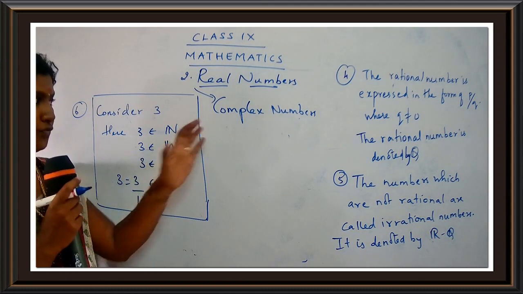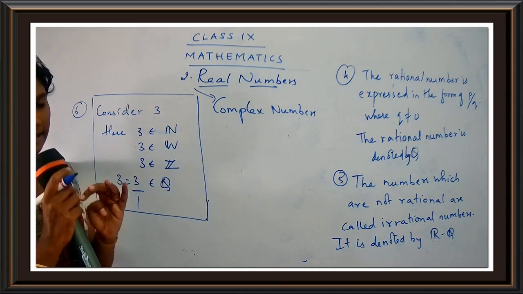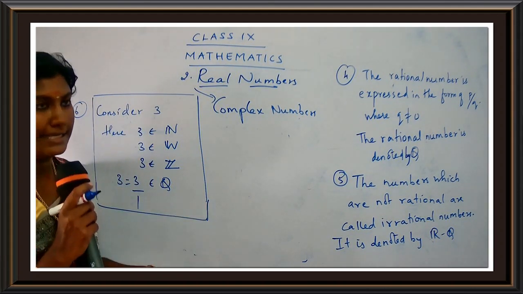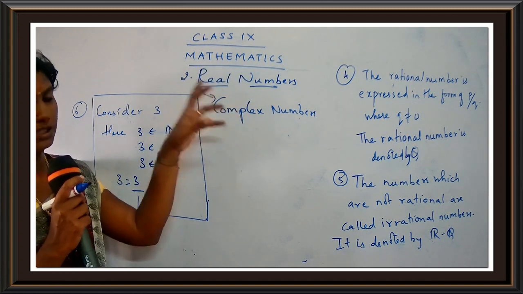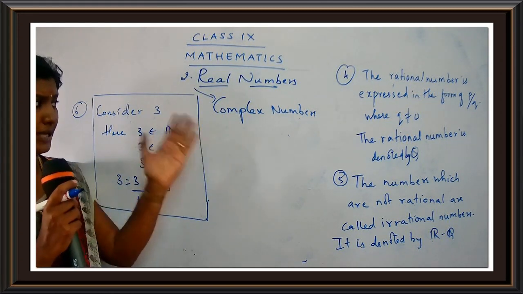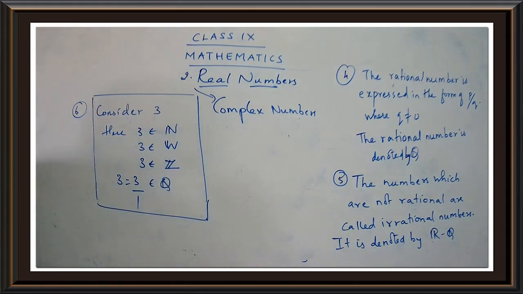Okay, children. Real and complex. Getting my point, children? So in this class you are going to study in detail the real numbers, the different numbers that we have already listed in our points to remember. Have you noted this point, children?